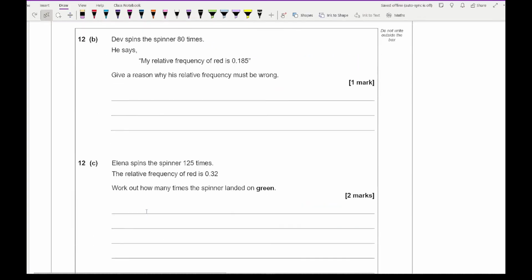Then moving on to 12b, it says Dev spins the spinner 80 times. He says that my relative frequency of red is 0.185. Give a reason why his relative frequency must be wrong.